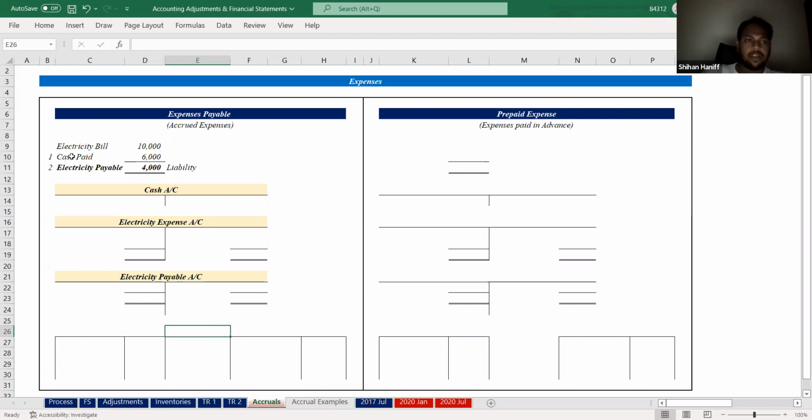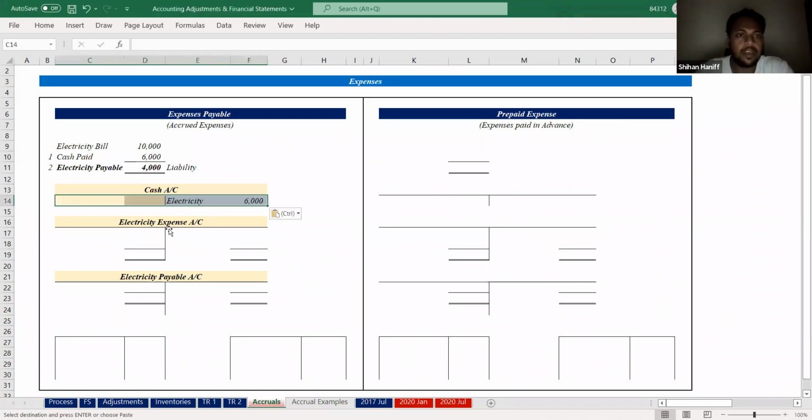What is the double entry for electricity paid? When you pay electricity: cash account credit, electricity expense account debit.